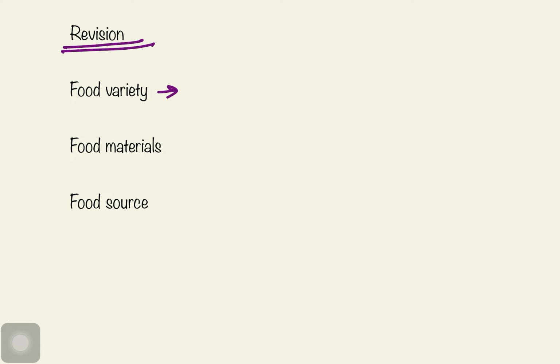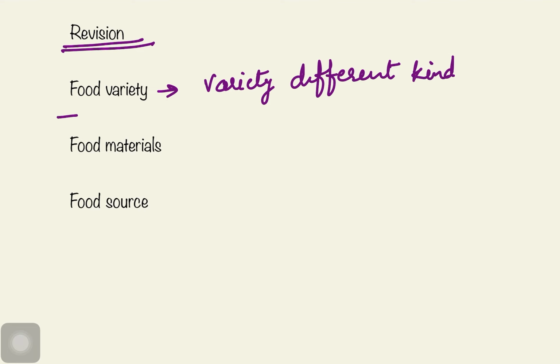Food variety. What is food variety? Variety in the food means different kinds of food. What causes variety in food? Correct. First is availability, second is habit, third is lifestyle, and fourth, of course, is taste.